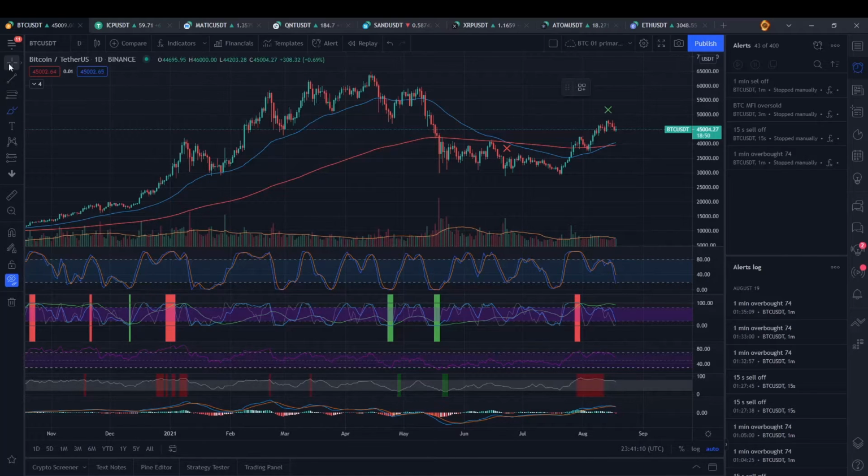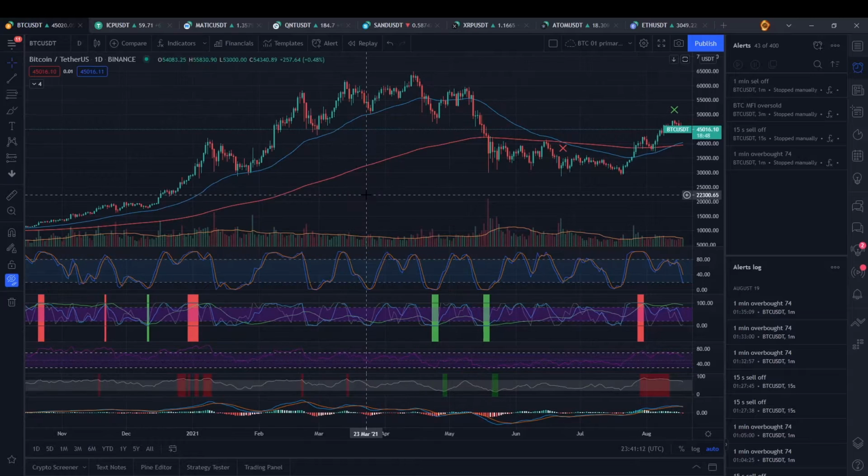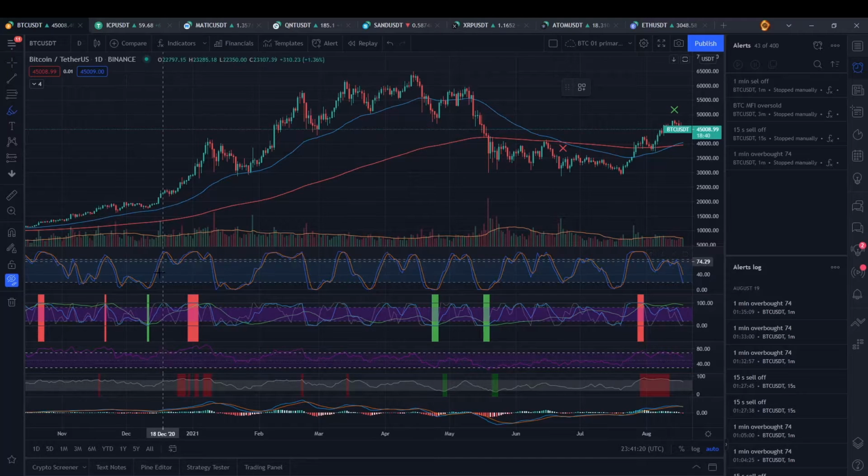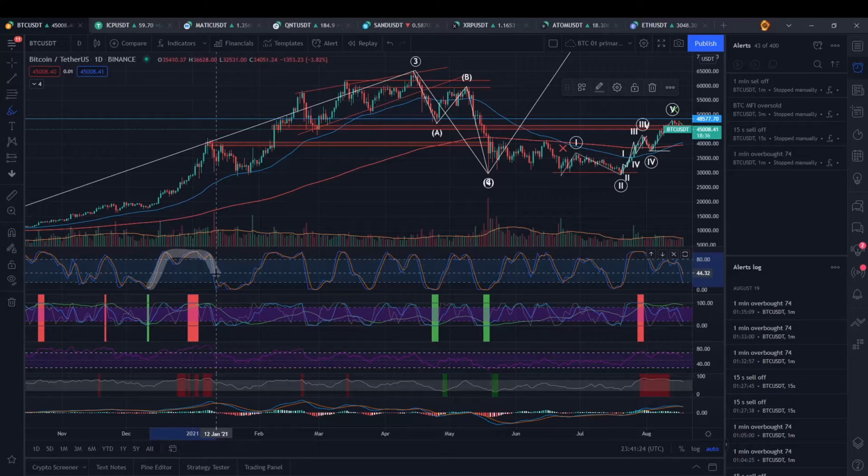Without any kind of knowledge, they might appear very confusing, but generally they're just waves. Like when you look here, we are making a wave up and then a wave down, and this is like a cyclic indicator.